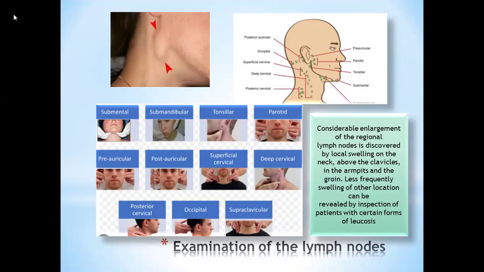So, considerable enlargement of the regional lymphoid nodes is discovered by local swelling of the neck above the clavicles, in the armpits and groin. Less frequently, swelling of other locations can be revealed by inspection of a patient with certain forms of leukosis.